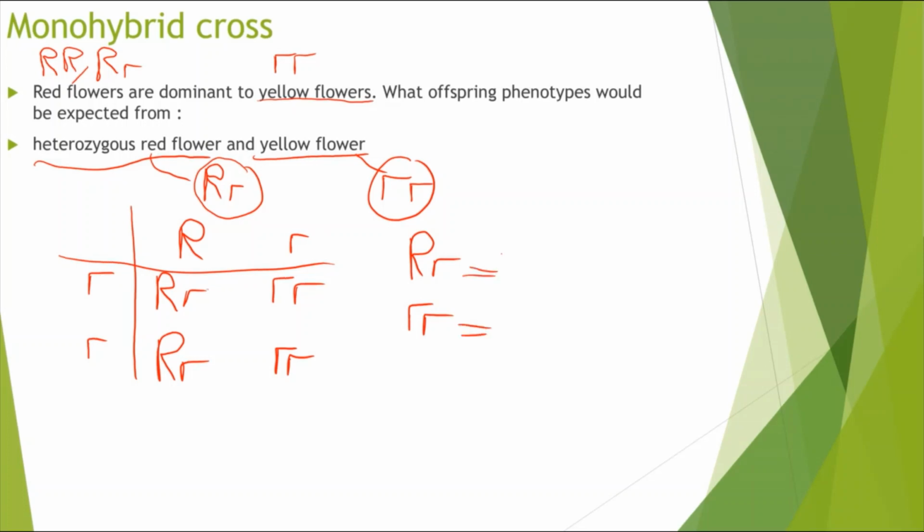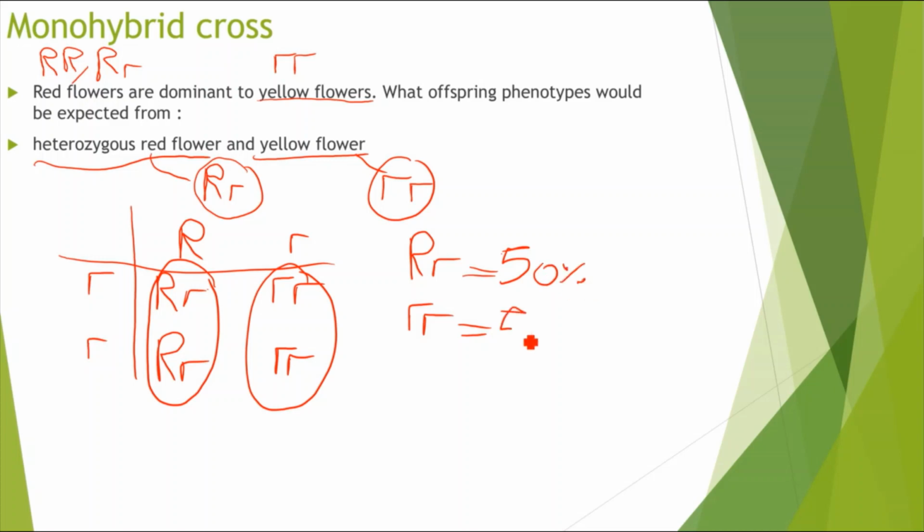Now just looking at the probabilities of them occurring, both of them occur twice. So the probabilities are basically 50%, 50%, or 0.5, 0.5, and the ratio is just 1 to 1. So I'm just going to write 50% for both of them.